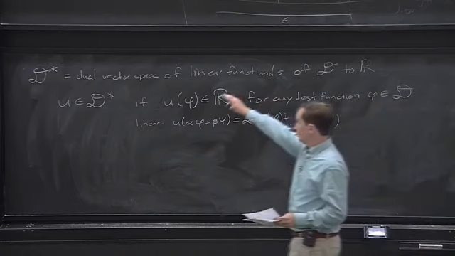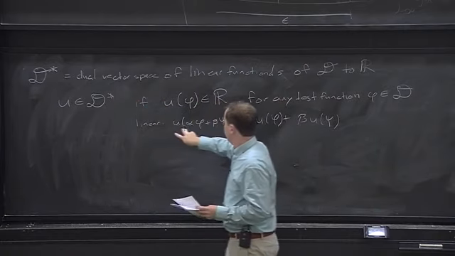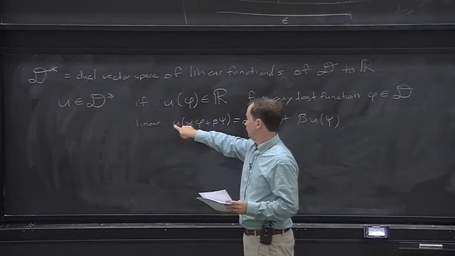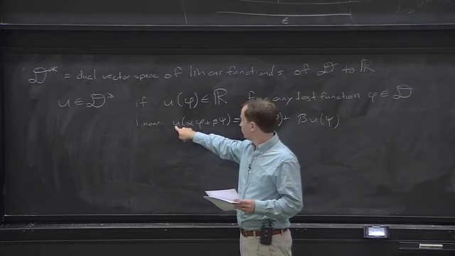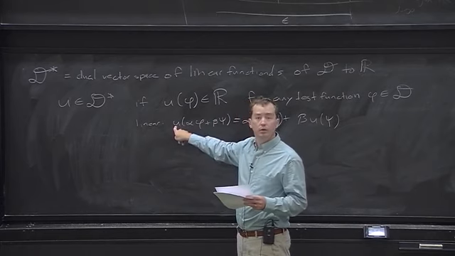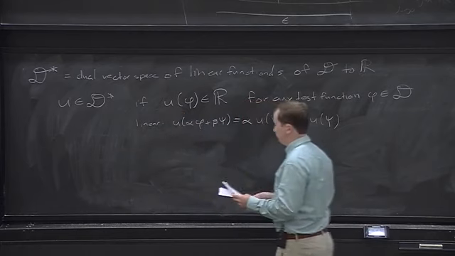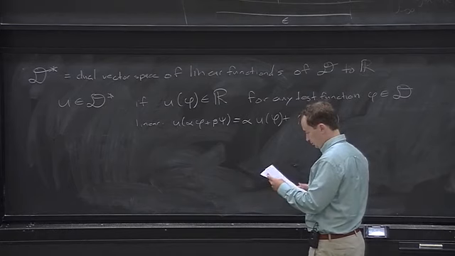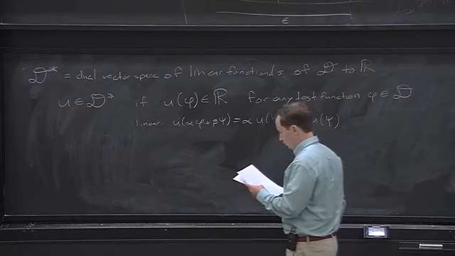And this is a vector space, so it's also linear in that we can add together elements of this vector space as well. Okay.